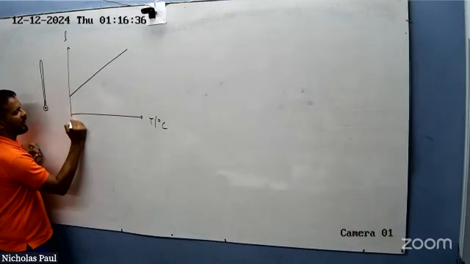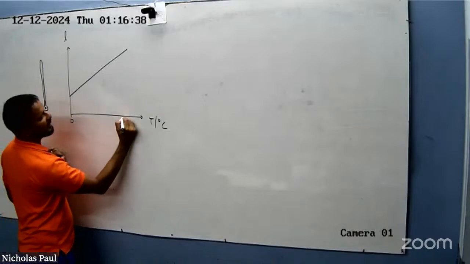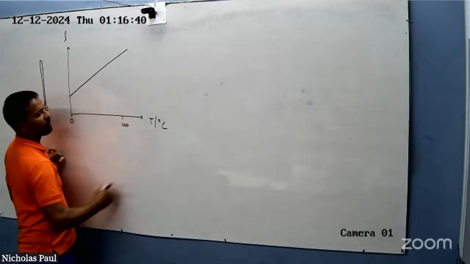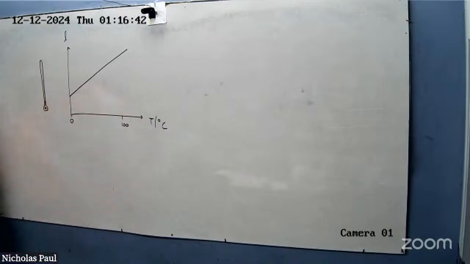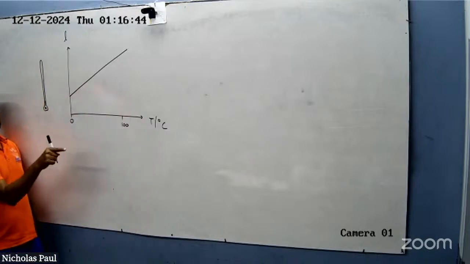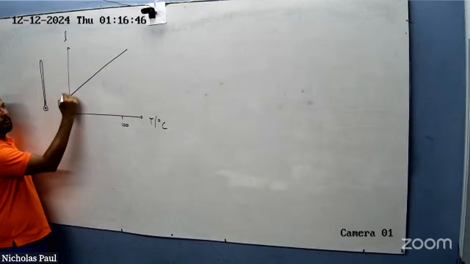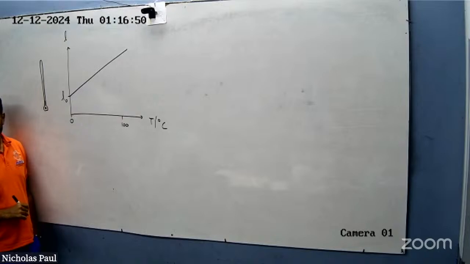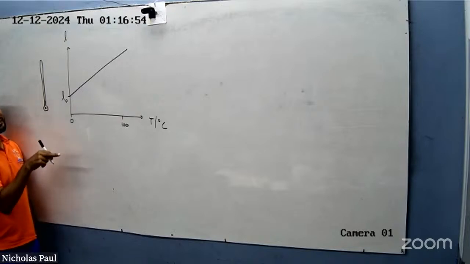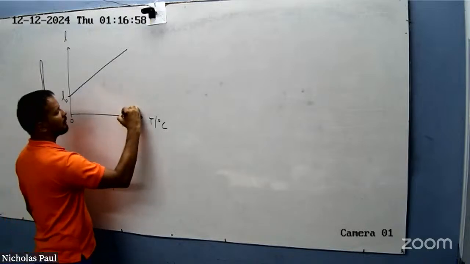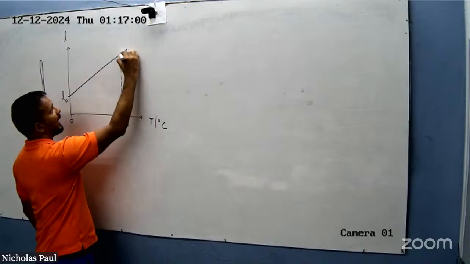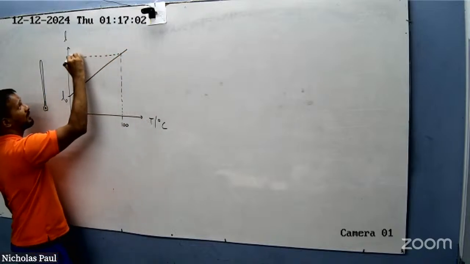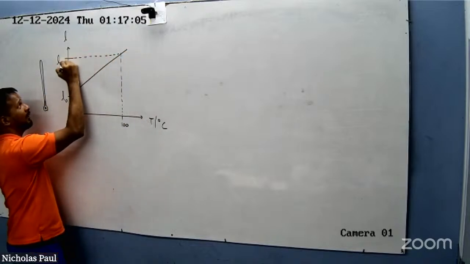Initially we have 0, and let's say 100 is about here. So take a thermometer, put it in pure melting ice, and the first reading we get, we call that reading L0. Take it out, cool it down, put it into steam above pure boiling water, and that value we call L100.